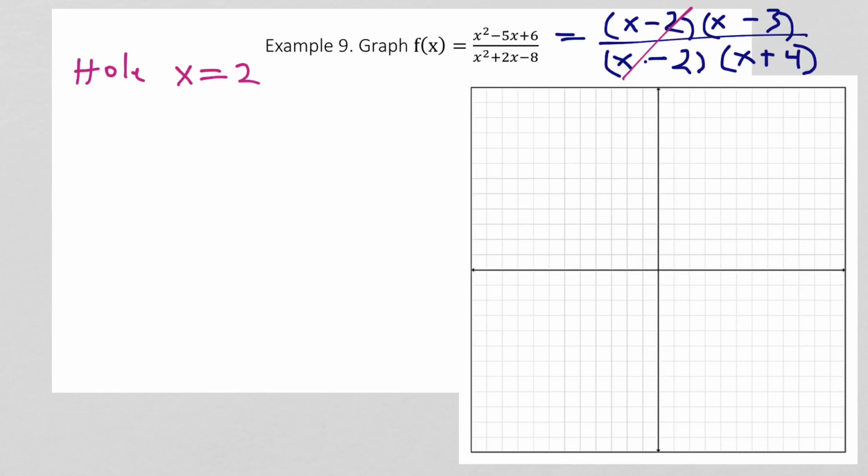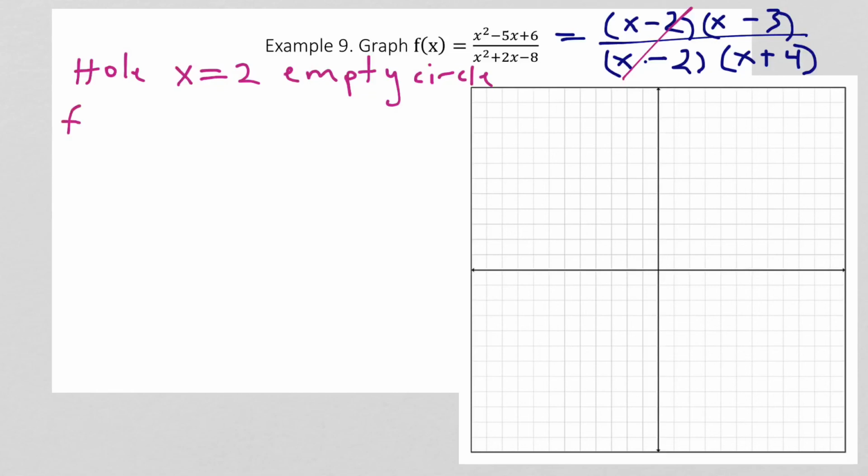All right, so we're going to have an empty circle. Remember I told you about the empty circles. So I'm going to show you how to plot one of these kind that have a hole. So let's get the coordinate pair for where the hole is. So remember, those factors are now canceled out. So to figure out what the y value is, we're going to substitute in 2.